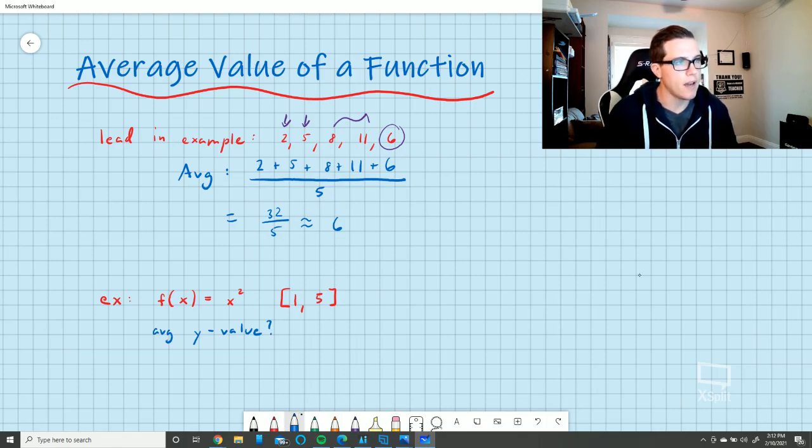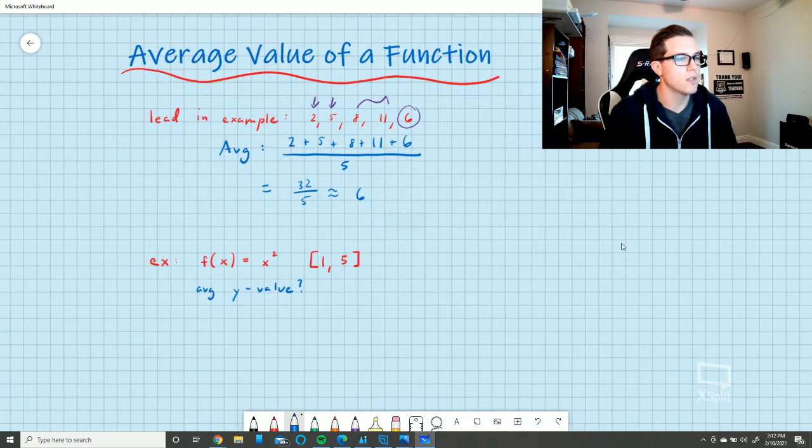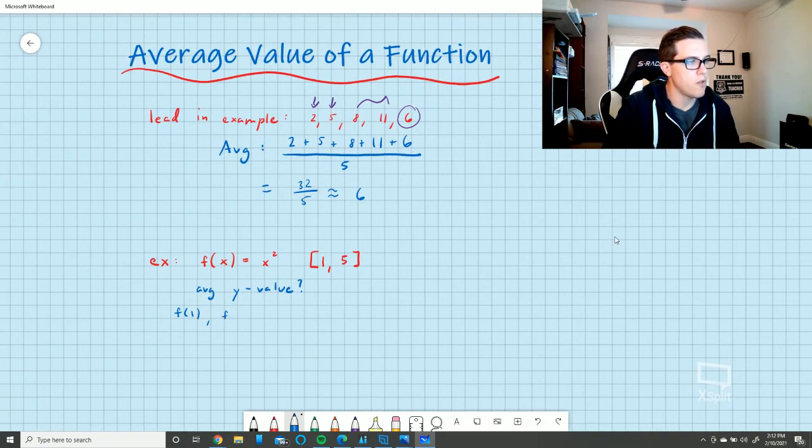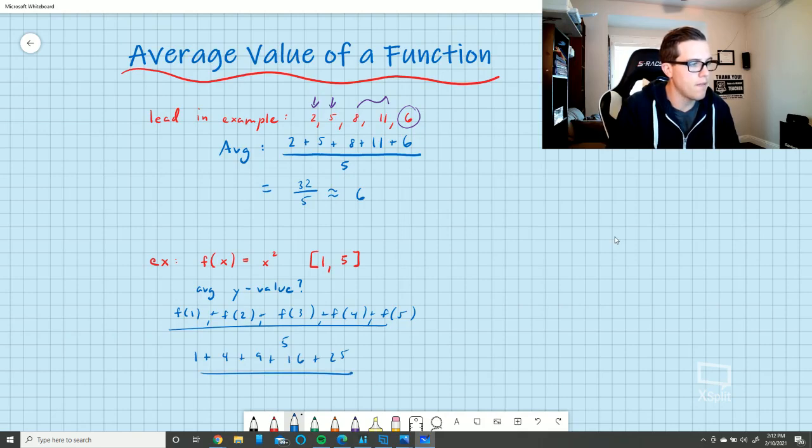One way to do that would be to find f of 1, f of 2, f of 3, f of 4, and f of 5, add those numbers up, and divide by the fact that I'm dealing with 5 numbers. So plug 1 in, you get 1 plus 4 plus 9 plus 16 plus 25, and divide by 5.